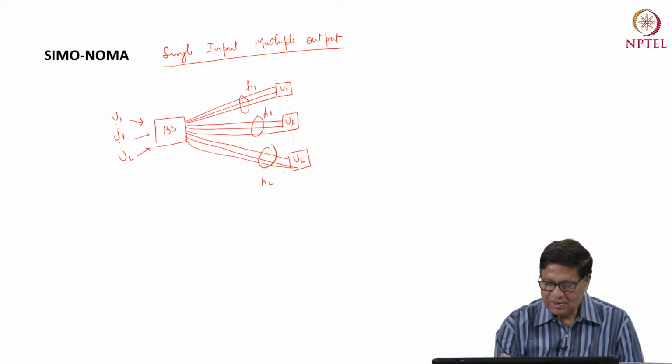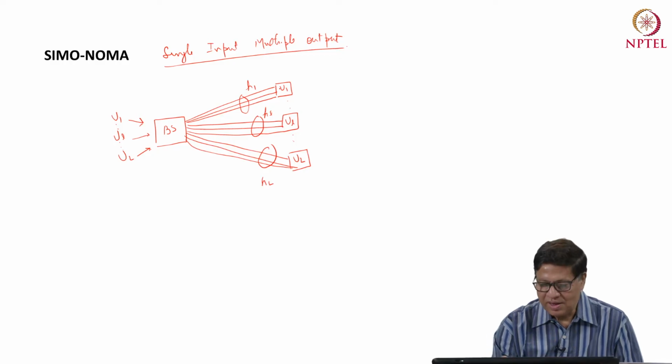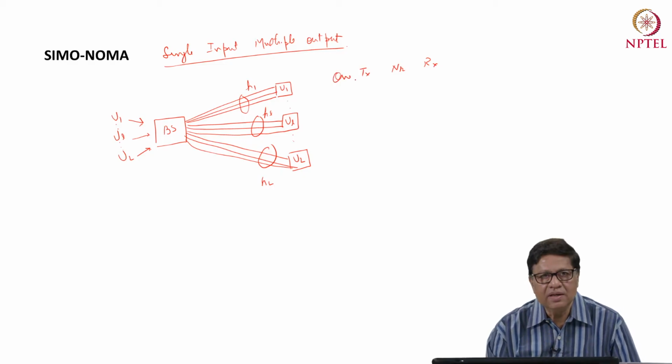In this case, there are NR receivers and one transmitter. In this diagram, there are three receivers.